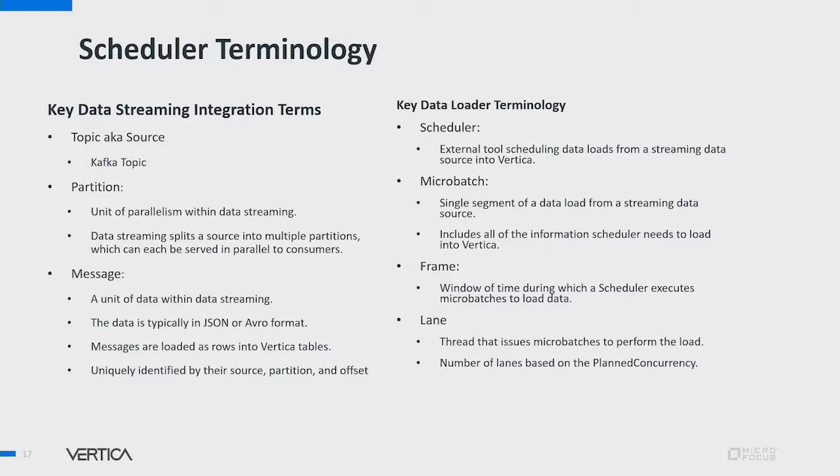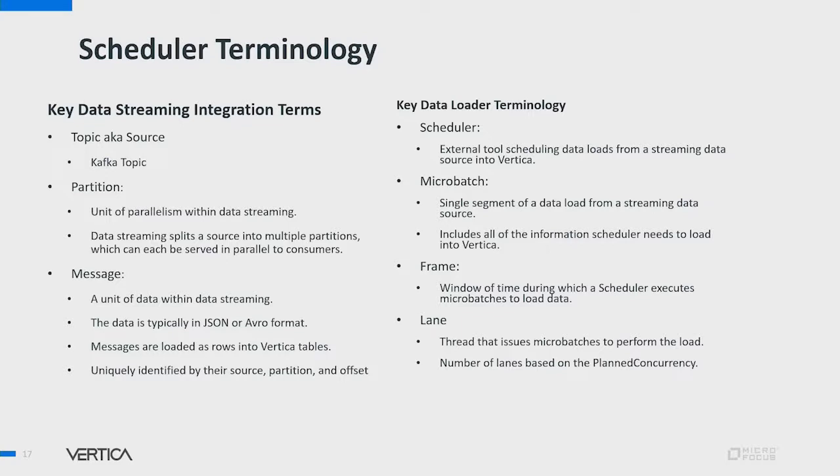Scheduler is an external tool, as I mentioned earlier, that schedules this streaming load from Kafka to Vertica. Then we define microbatch, which is a single unit of data load from Kafka to Vertica, and it encompasses all the information that the scheduler needs to load data from Kafka into Vertica.